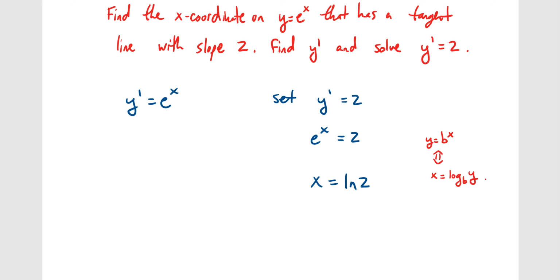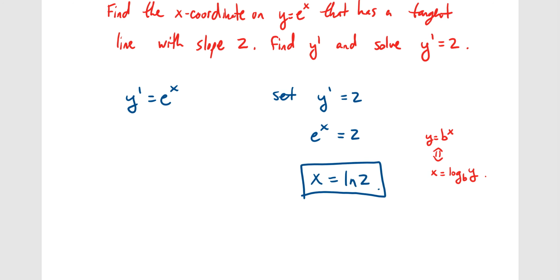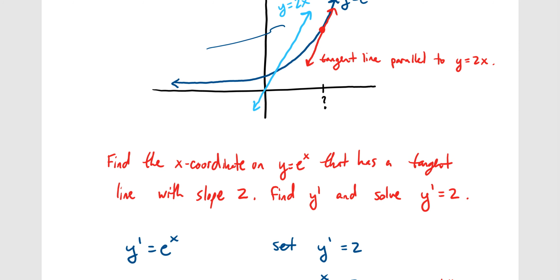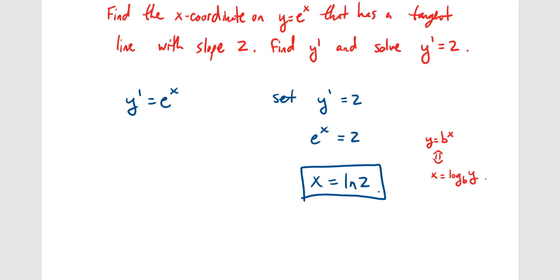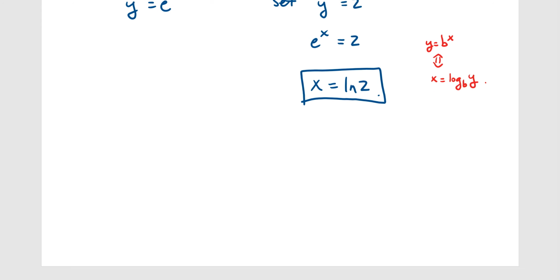And ln of 2 is about 0.693. So it seems like it should be correct with the graph that we drew. My graph is just a real rough sketch, so it might not look completely correct either. Okay, so that is the x value that has a tangent line that is parallel to the line y equals 2x. Okay, so that is it for this section.